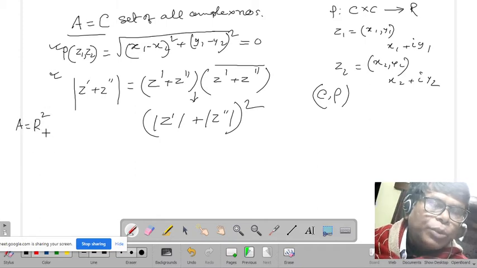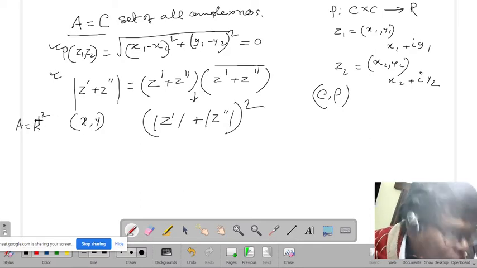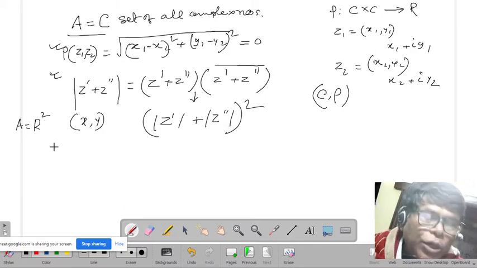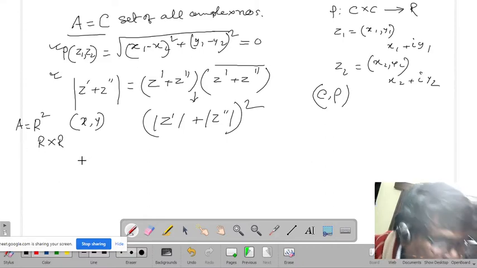Every member of this R2 can be represented in the form x y, where x belongs to R and y also belongs to R. So R2 is nothing but R cross R, the Cartesian product of two real number spaces.